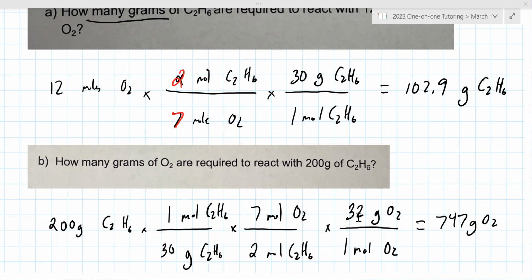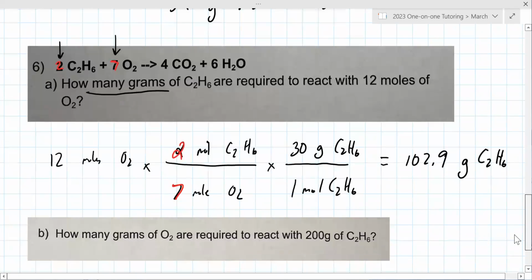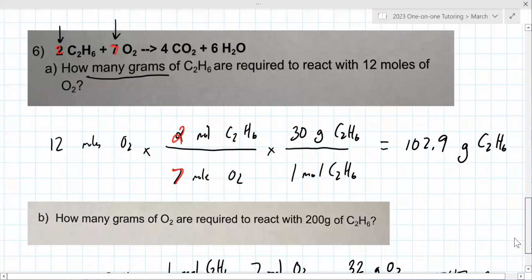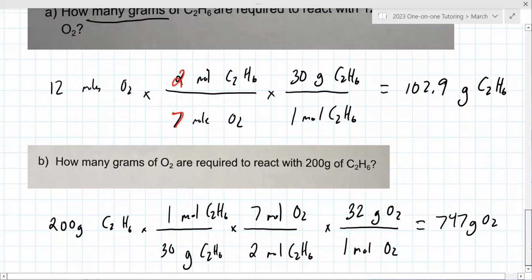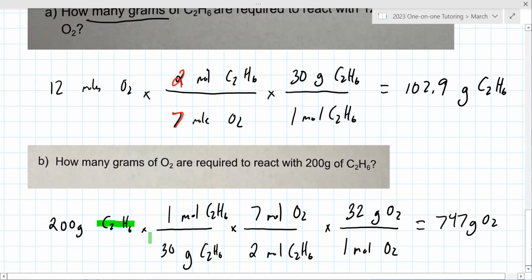for example, for 6B, how do we know which one goes on top and which one goes on bottom? Like how do we know that O2 goes on top and C2H6 goes on the bottom? So it really starts from the left. Do you see that C2H6 top, C2H6 bottom?